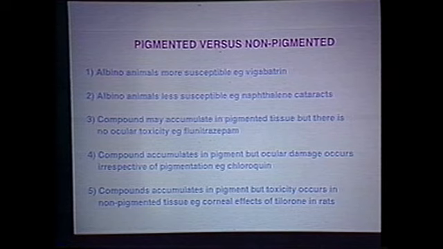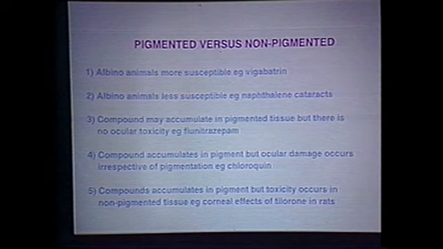Albino animals can be more susceptible, and as an example, vigabatrin is given there. Albino animals may, under some circumstances, be less susceptible than the pigmented counterpart, and naphthalene cataracts gives an example of that.